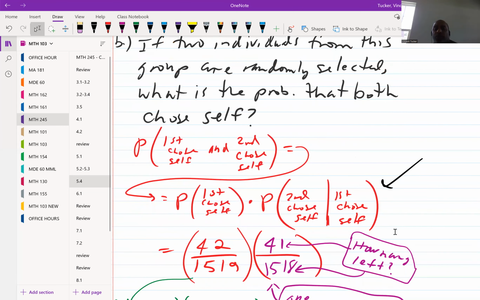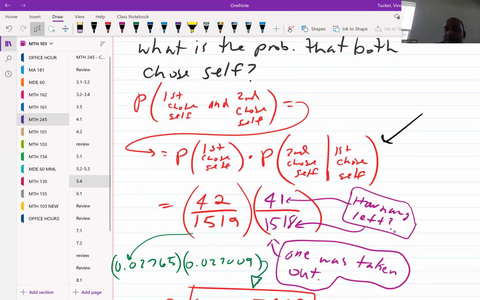All right. So we know the first probability is going to be 42 out of the 1,519 because there's 1,519 people altogether. Out of that group, 42 of them have chosen self. Now, once you take that one person out, the top number is going to be one less and the bottom will be one less because now in the group, there's only 41 people left that chose self. And now totally in the group, there's 1,518 instead of 1,519.